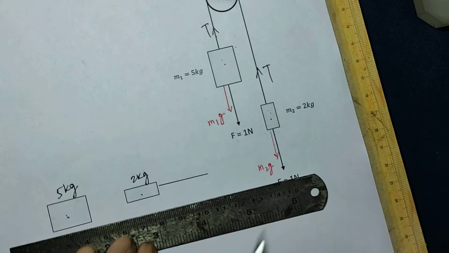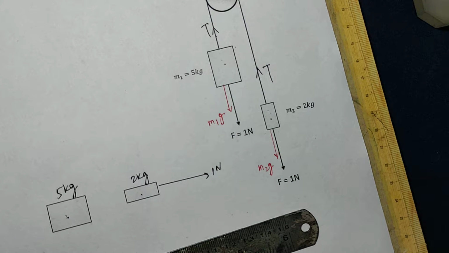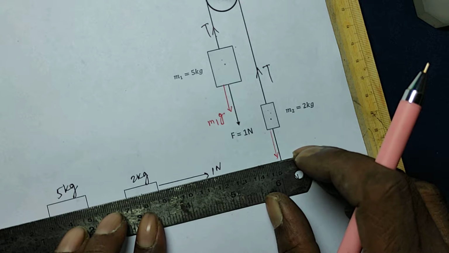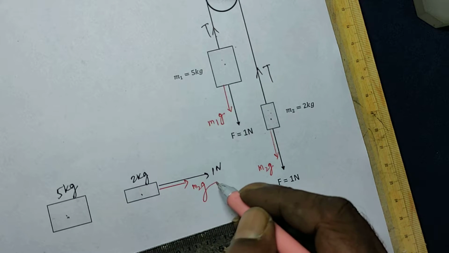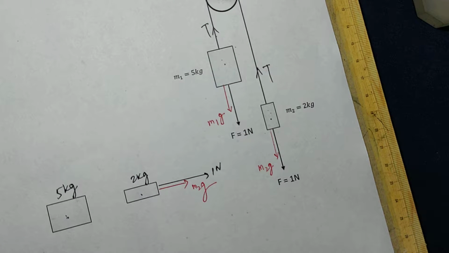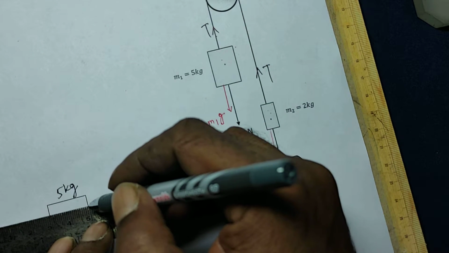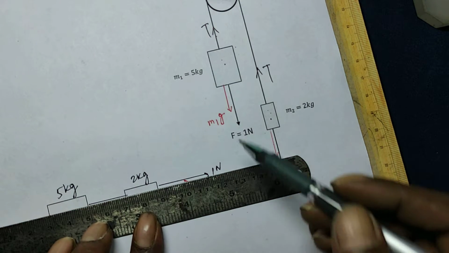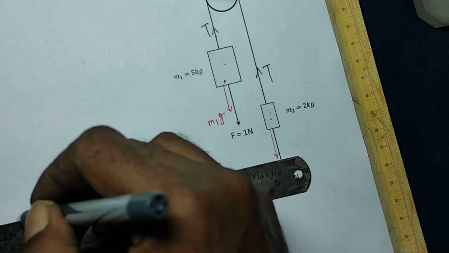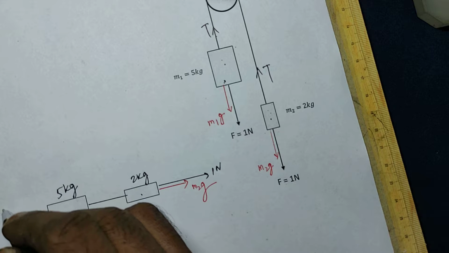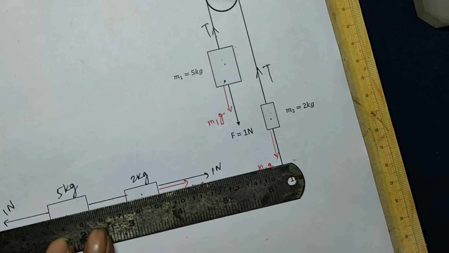This black one, that is 1 Newton, and its weight to this side is M2 times G. And in between the two masses, this is your string, and on this 5 kg mass, this black one is your 1 Newton force, and let me show the weight in red.